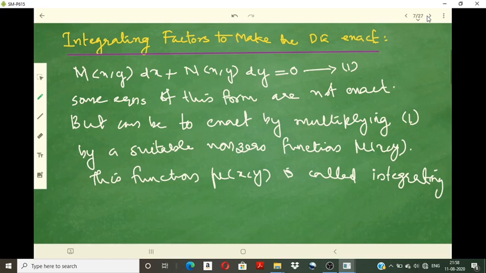To make this equation exact, we can multiply equation 1 by a suitable function mu of x, y. Then the resulting equation is exact, and we know how to solve an exact equation.